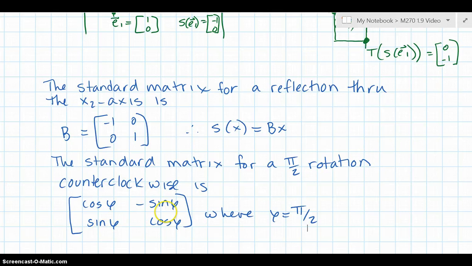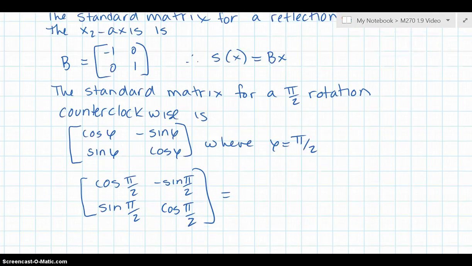It is cosine of phi, sine of phi, minus sine of phi, cosine of phi, where phi is pi over 2. Which, by the way, cosine of pi over 2 is 0. Sine of pi over 2 is 1. Cosine of negative pi over 2 is negative 1. And sine of pi over 2 is 0. Let's call that C.